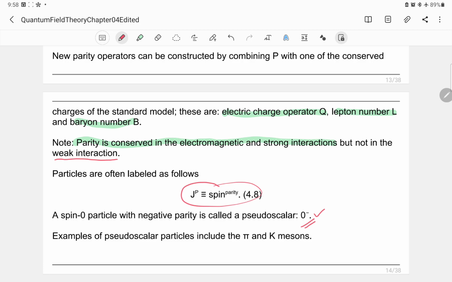Examples of pseudoscalar particles are the pi and K meson. As I've said, they have negative parity, because they are quarks and anti-quarks.